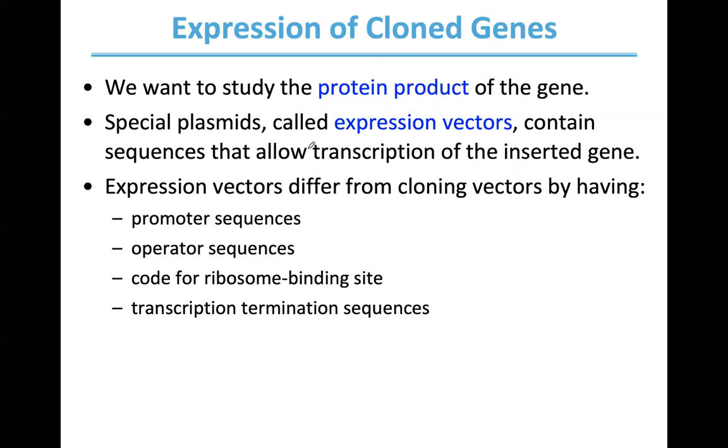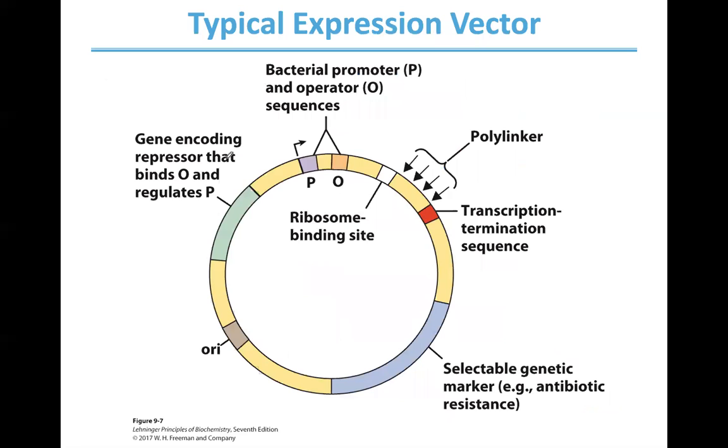So there are special plasmids called expression vectors. And now there's a difference. They have a lot of other stuff on them compared with cloning vectors. They have promoter sequences. They have operator sequences. They have other genes. Now these promoter sequences allow for the binding.